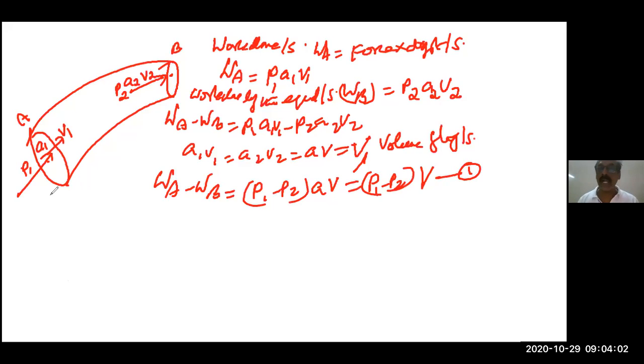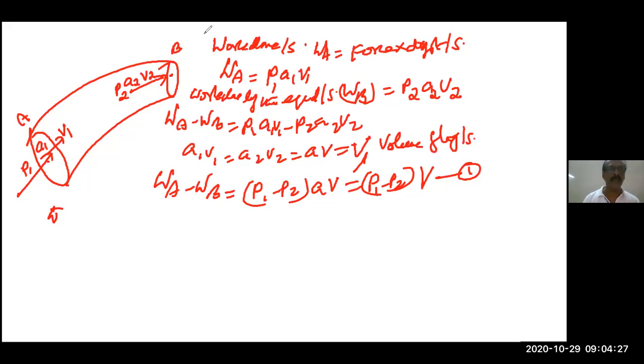Now look, according to the work energy theorem, the work you are doing will convert into either potential energy or change in kinetic energy, or the sum of change in potential energy plus change in kinetic energy. So that's what we are going to do now. WA minus WB is a very simple concept.